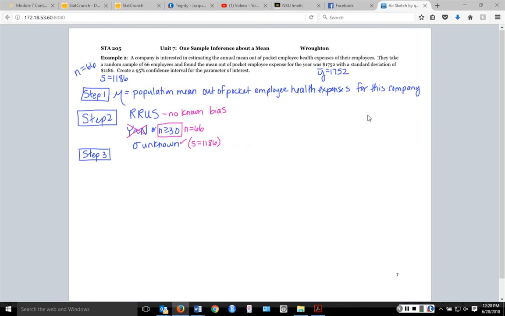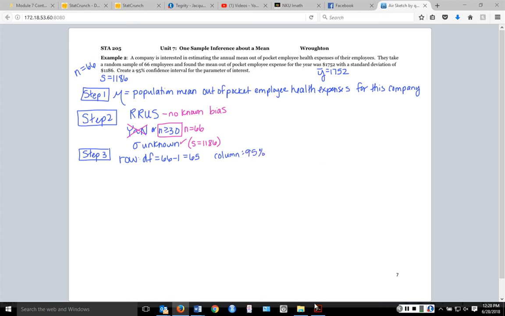So let's figure out our T. My row, my degrees of freedom, so 66 minus 1 will be 65. The column is based upon how confident we are. So it told us to be 95% confident.